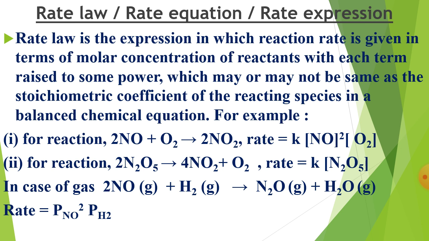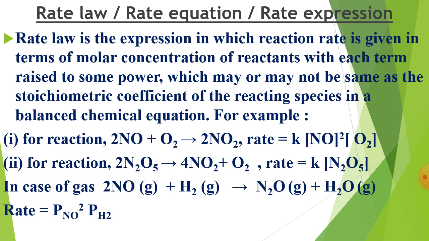So that's why the rate of reaction may or may not have the same power as the stoichiometric coefficient. That means the power may or may not match the stoichiometric coefficient in the balanced chemical equation.